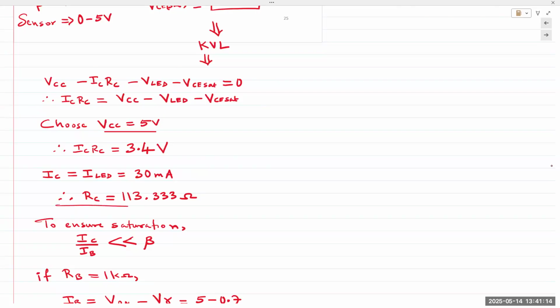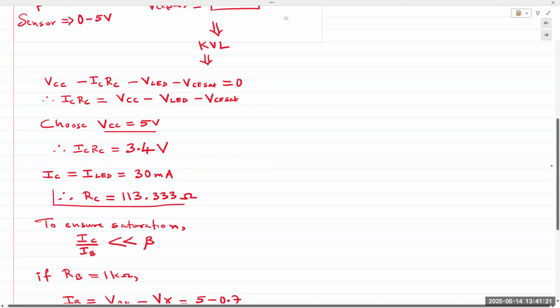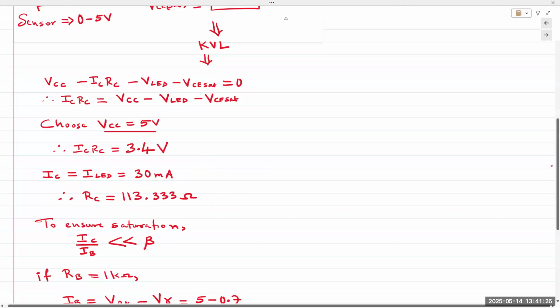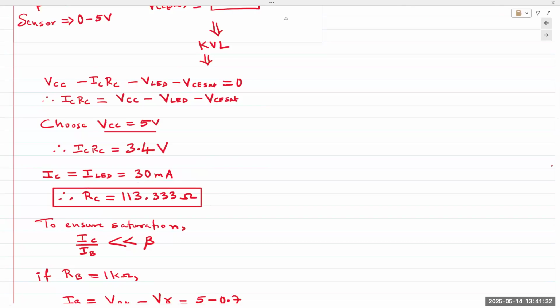And therefore, we can calculate RC from that equation, which is 113.33 ohms. Again, this is not a real life value. This is simply the theoretical design. In a real life practical design, the closest resistor would be 100 ohms or 120 ohms, right? If we choose 120, our current would be slightly less than 30 milliamps. So it's probably best to choose something smaller. Okay, so we choose a 100 ohm resistor.